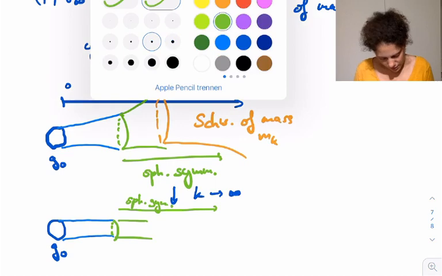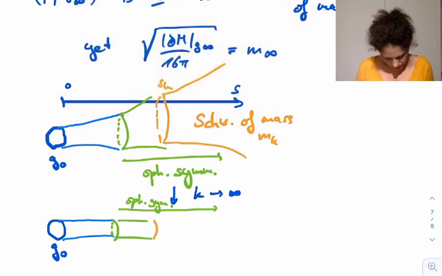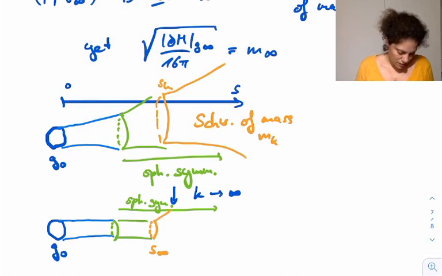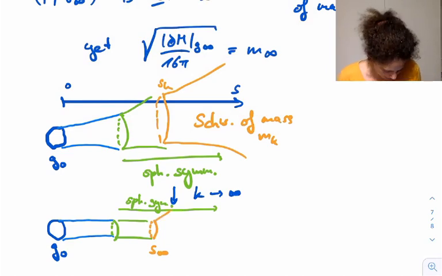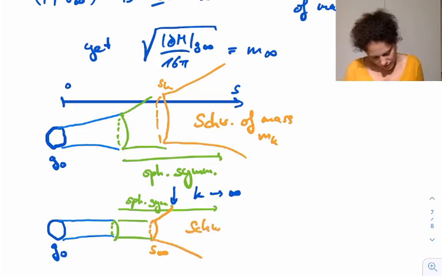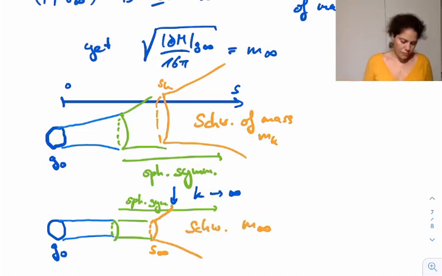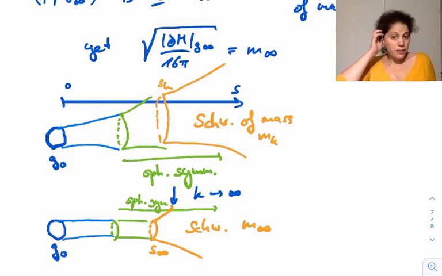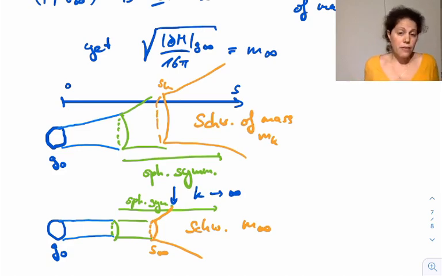And then after that, it ends at some surface at parameter value s infinity, from which on it's Schwarzschild, starting with the minimal surface of mass m infinity. Okay, so that's what the limit looks like, and all these have non-negative scalar curvature.